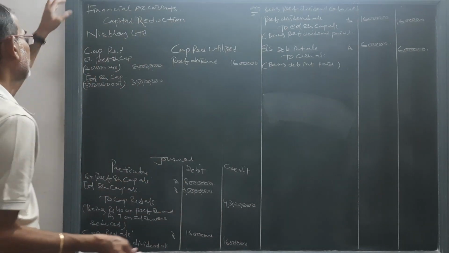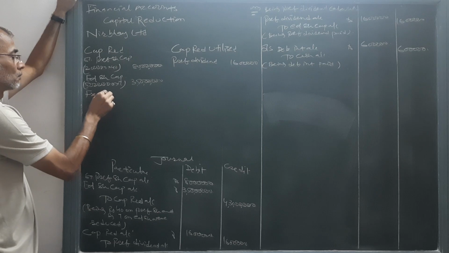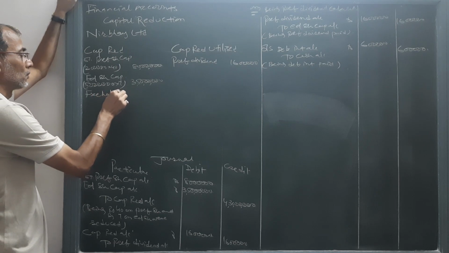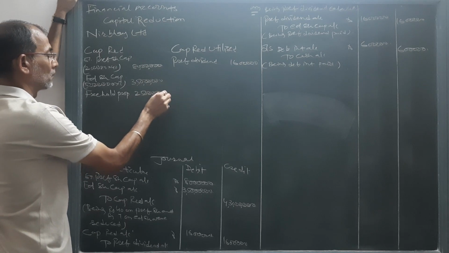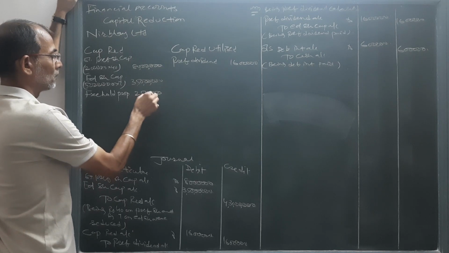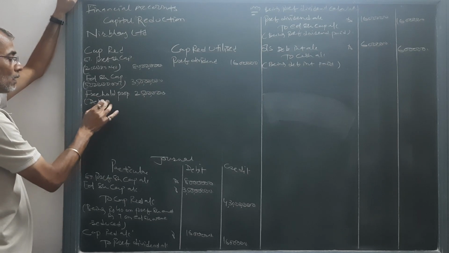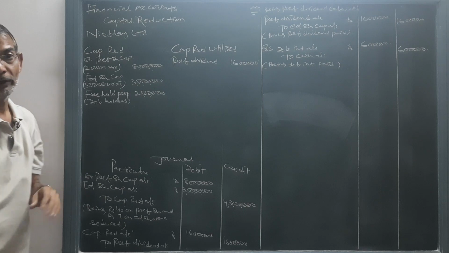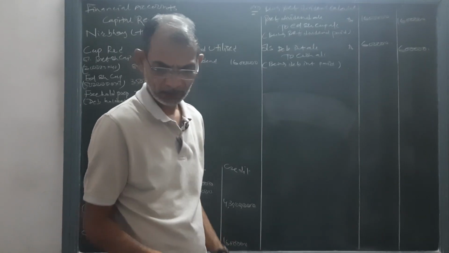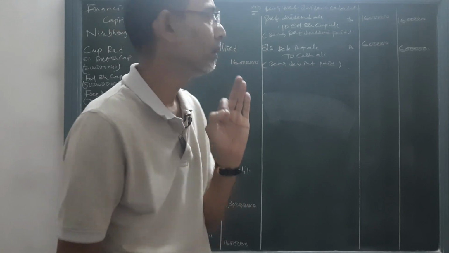That will be written on the reduction side. Debenture holders entry will be written, debentures of 75 lakh will be cleared.